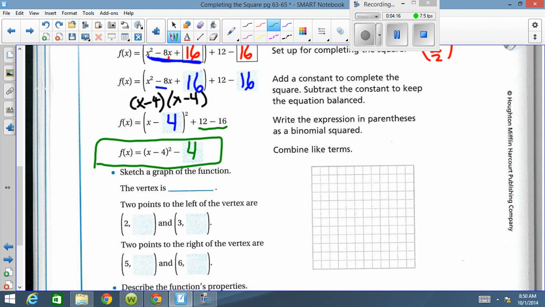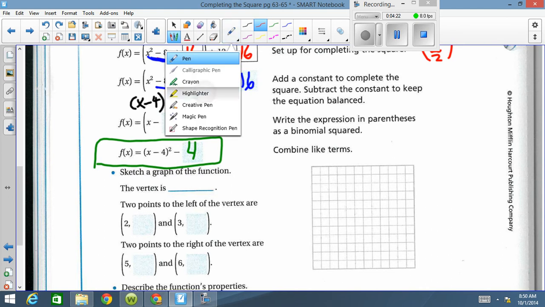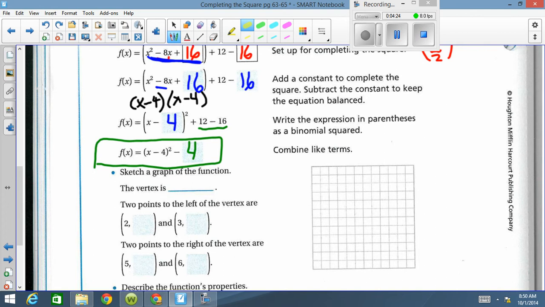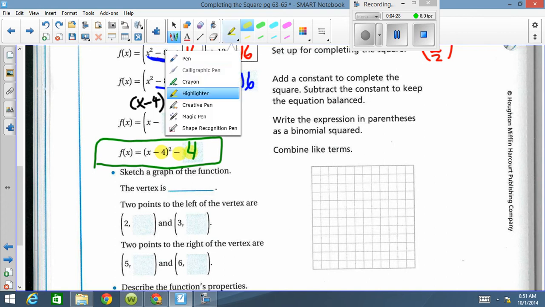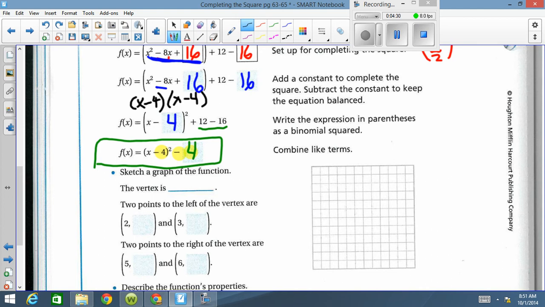So we've got to sketch a graph. The vertex here, now think about vertex form. When we're in vertex form, the numbers that really concern us are the h and the k. Remember that the h, we use the opposite of what's in there. So the h, I'm going to use positive 4. The k is going to be negative 4.